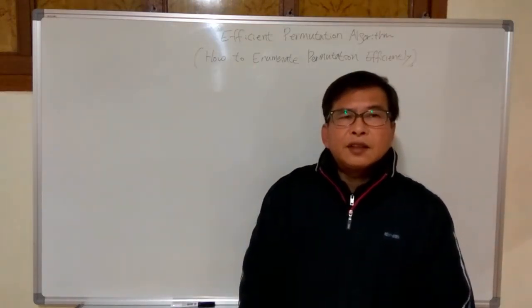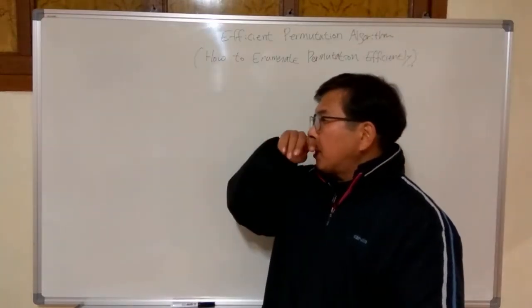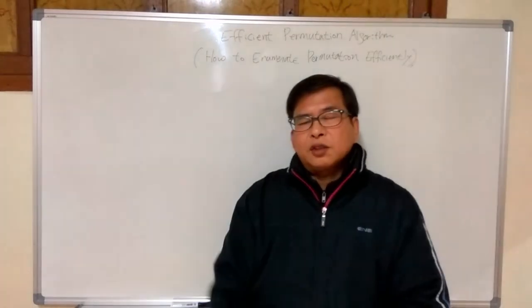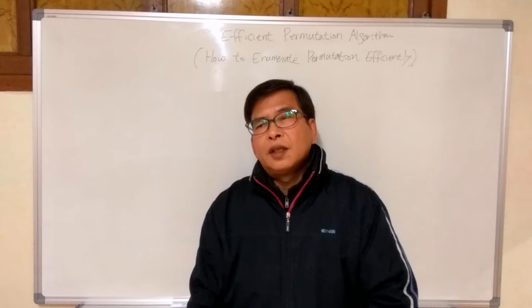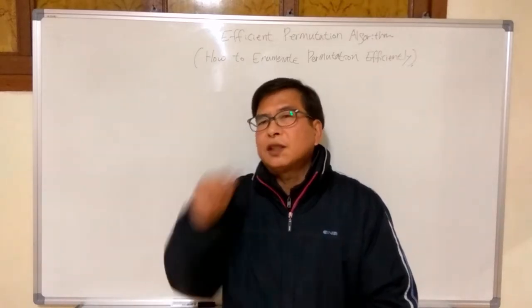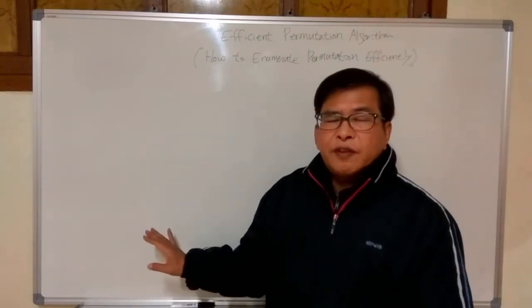But because at that time I didn't explain through a whiteboard, I just wrote the algorithm and demonstrated the implementation. But in this video, I want to explain the theory behind.